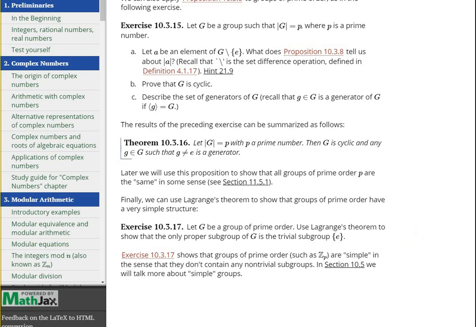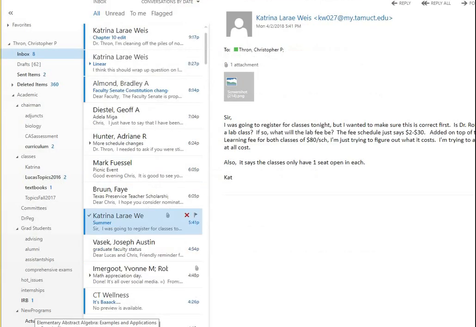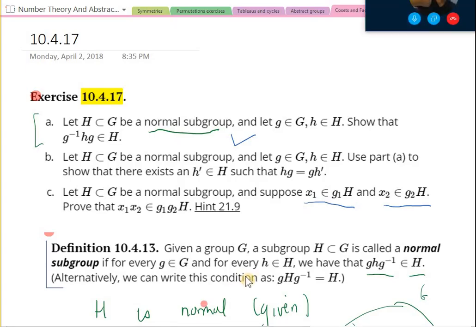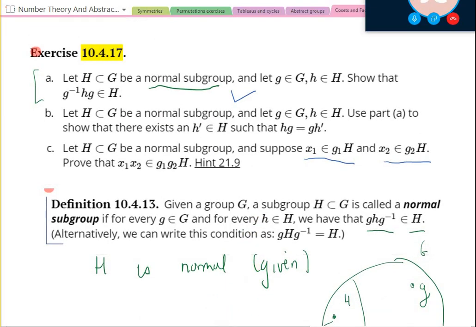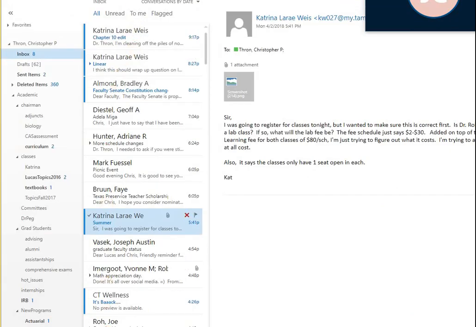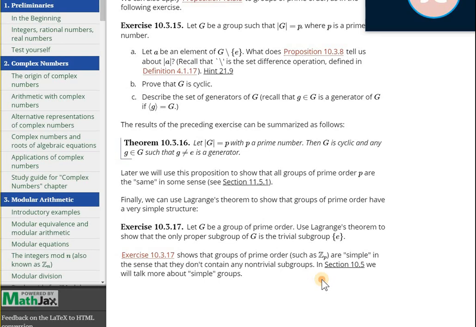I thought I answered your email. Did you send me another one? Okay. Well, let me see here. If you want to use Lagrange's theorem, probably that's okay. Let me see. It's just easier to do the other one. But if you want to use Lagrange's theorem, that's okay.